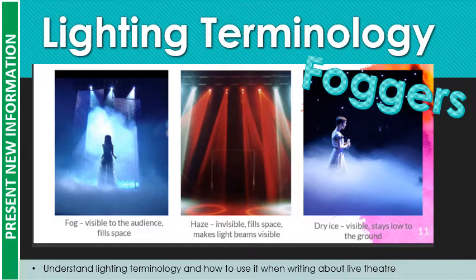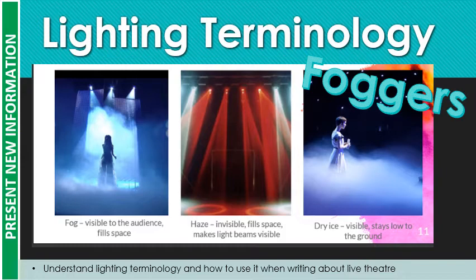Foggers. Now a fogger is not necessarily a lighting effect, but it is used with lighting. It's used to enhance the lighting. So when you're talking about lighting, you can talk about how a fogger is used in relation to the lighting. There are 3 main ways that it's used. The fog, which is invisible to the audience and fills the space. Haze is a slightly thinner version of the fog.